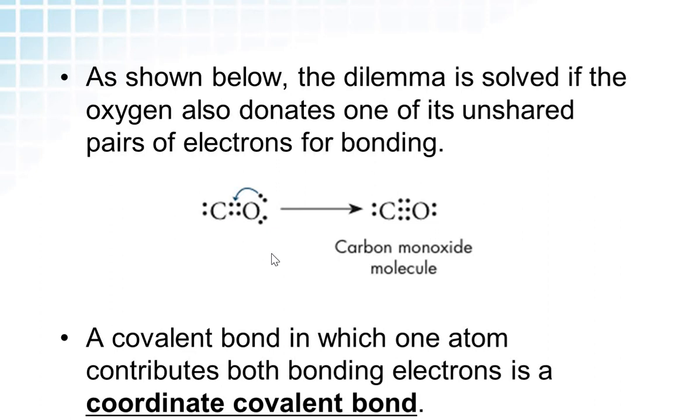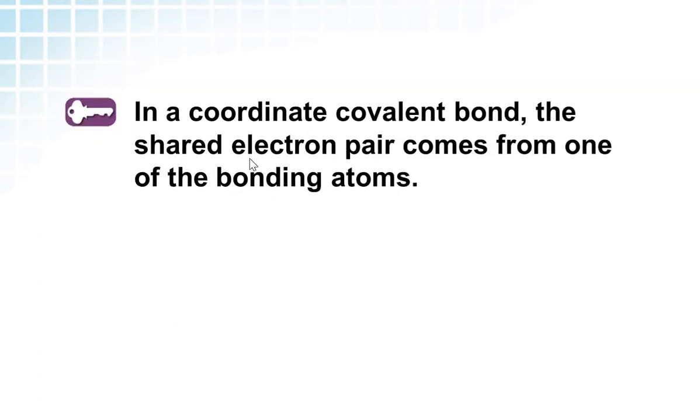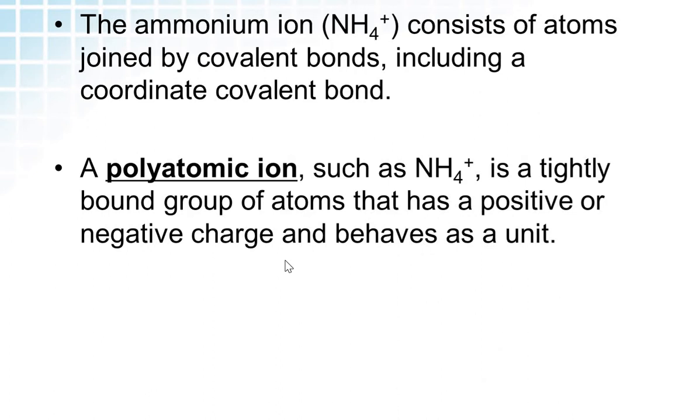So this is a coordinate covalent bond. In a coordinate covalent bond, the shared electron pair comes from only one of the bonding atoms, and that was here the oxygen.